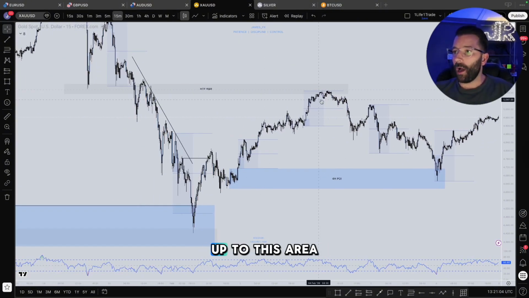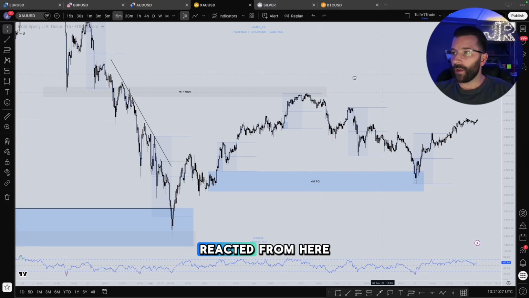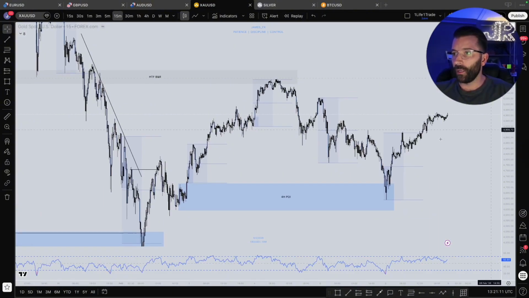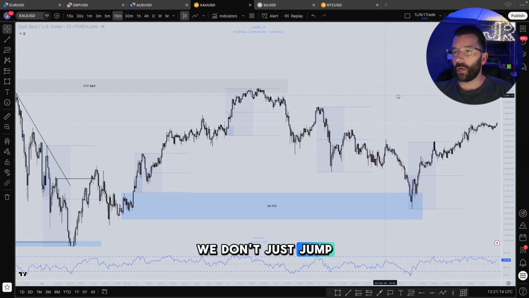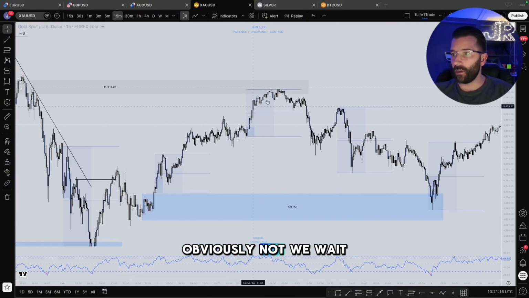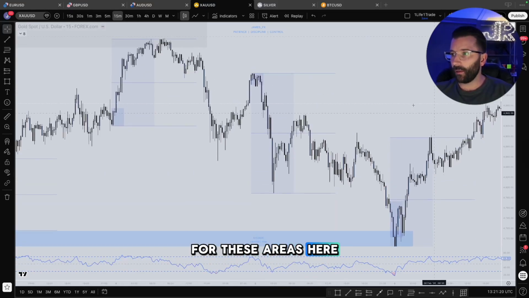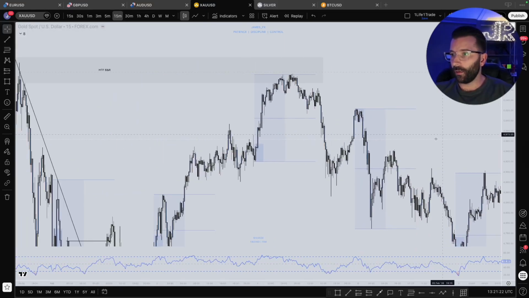And again, it came up to this area on, what was it, Wednesday, and reacted from here. So we knew it could react from this area. So what do we do? We don't just jump straight in and take a short, obviously not. We wait for these areas here to break.